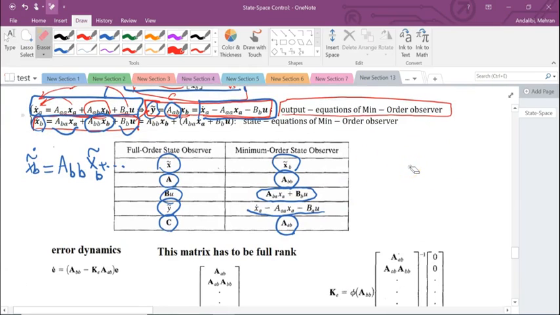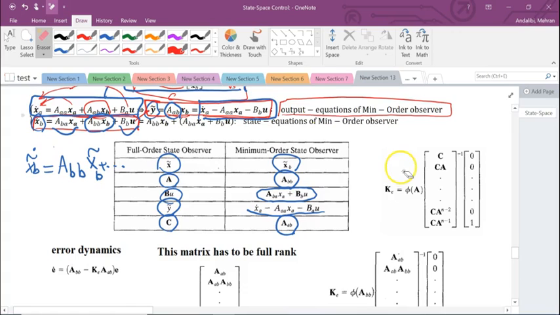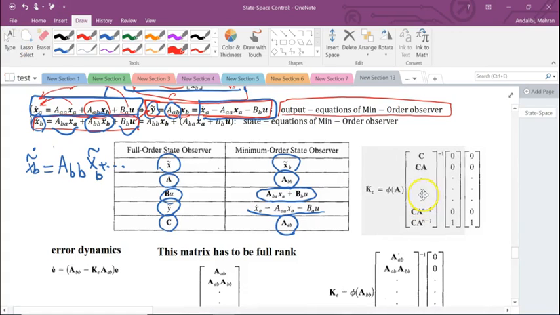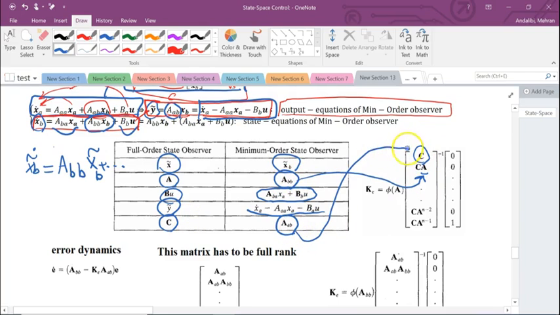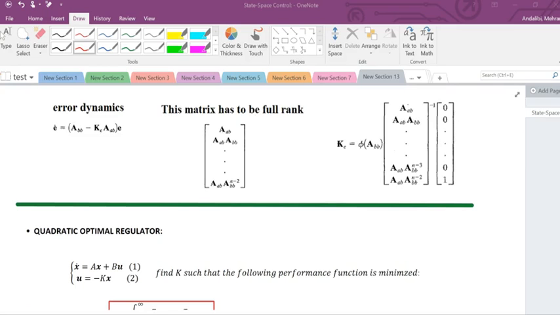So I can still come here and paste it here. But wherever I need A, I replace it with ABB. Wherever I need C, I replace it with AAB, and that's it.